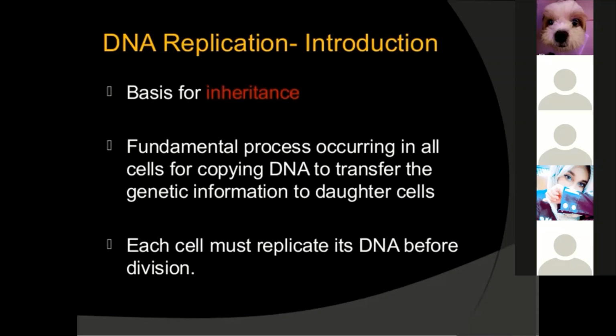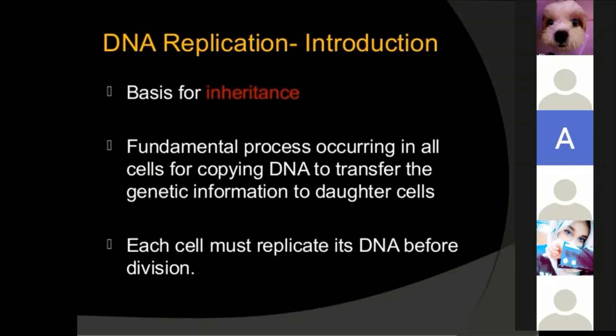Do you have any idea which phase of the cell cycle this happens in? There are different phases: G1, S, G2 and M. These are the four major phases of the cell cycle. Which phase has DNA replication? Anybody can tell me? S phase, yes, correct.